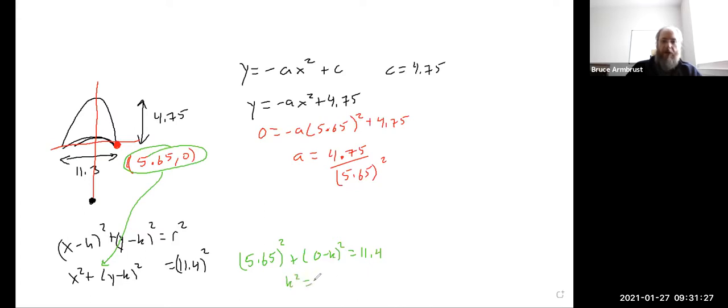So that tells me that k squared is equal to 11.4 minus 5.65 squared. So k then is just going to be the square root of 11.4 minus 5.65 squared.